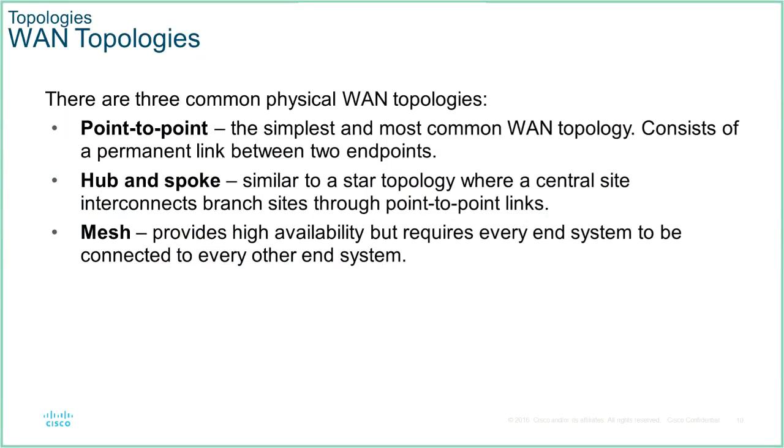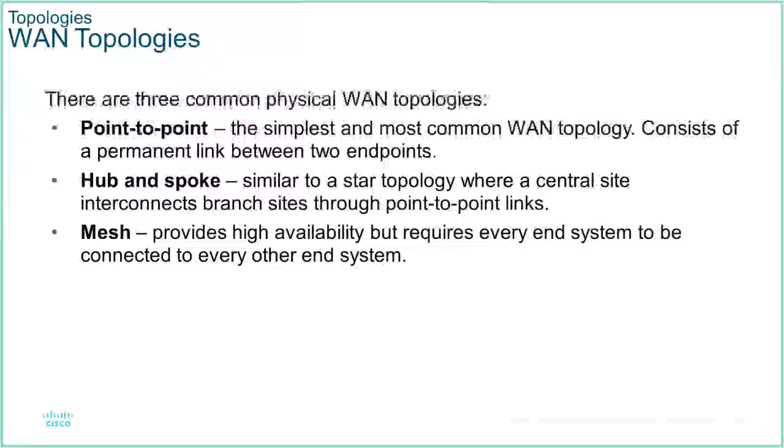It just means it's from point A to point B. Hub and spoke, if you look at it, the old wagon wheel, you basically have a star with a central site in the middle, and it spits out connections to all the locations around the perimeter, thus providing the spokes.